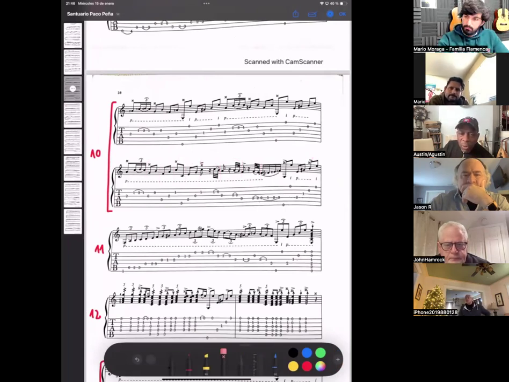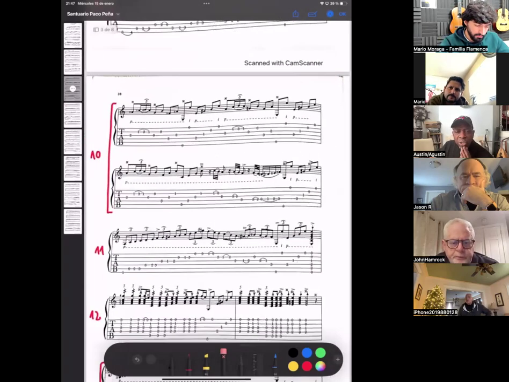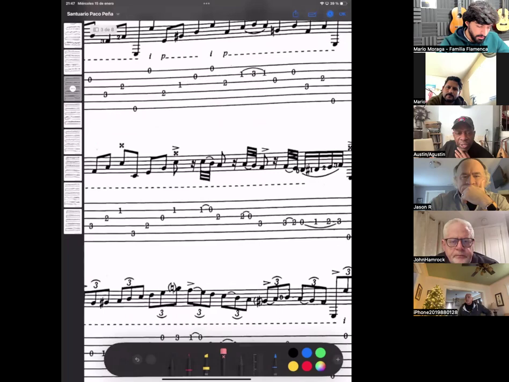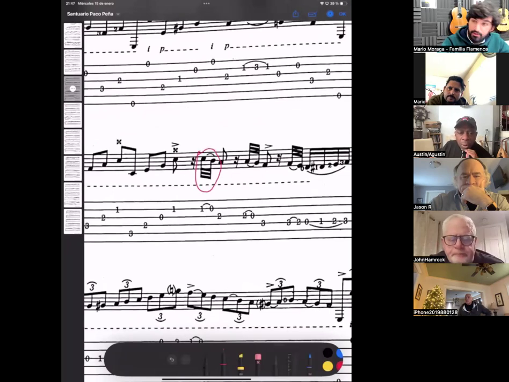Hey, Mario, why was that TDT? You mean the ones with the triple bars? Why were they TDT? Yeah, because those ones are not 16th notes, they are 32nd notes.